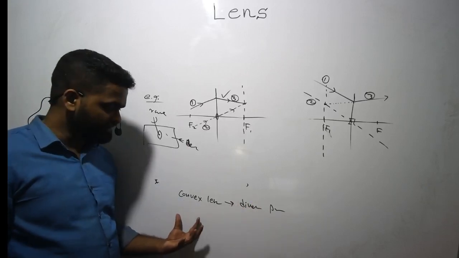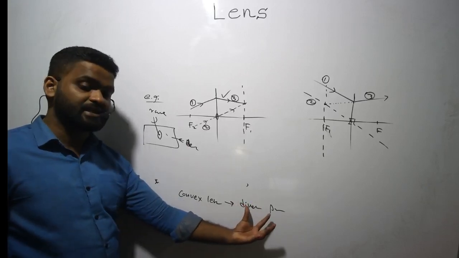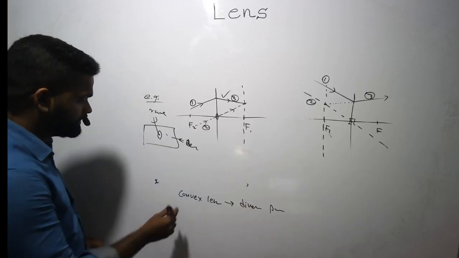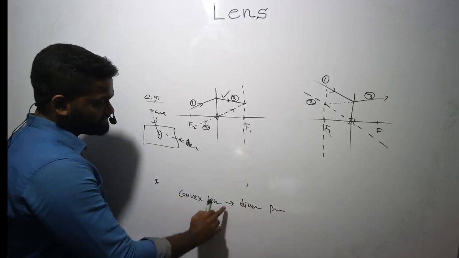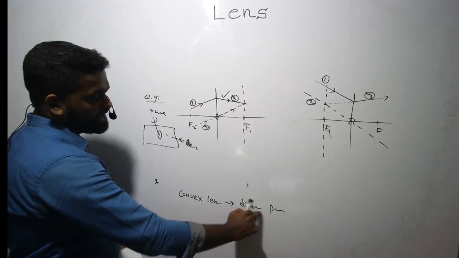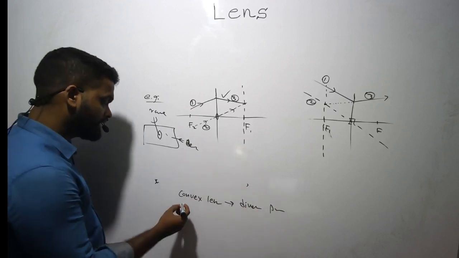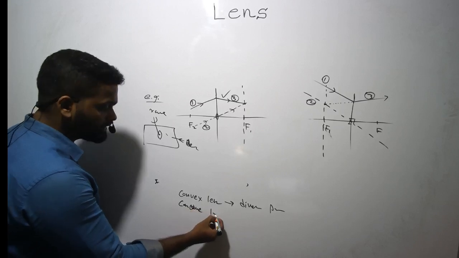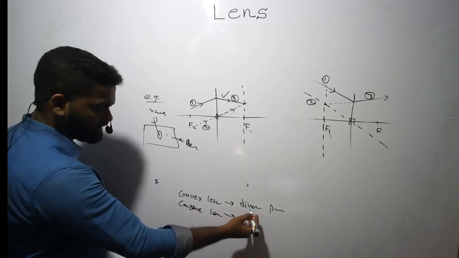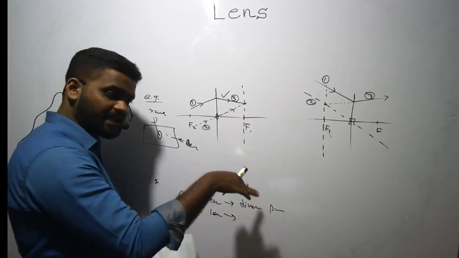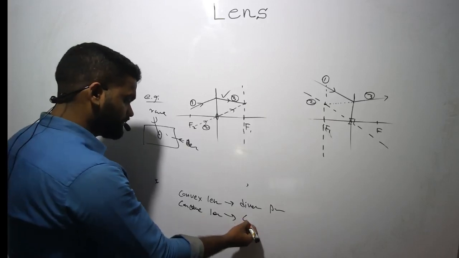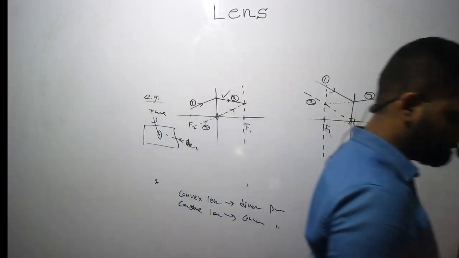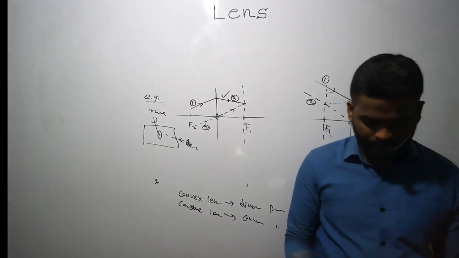Even if it is a convex lens, it behaves as a diverging lens. Write down: convex, arrow, diverging properties. Then what happens to concave? The concave lens now becomes converging properties. Okay, converging properties.